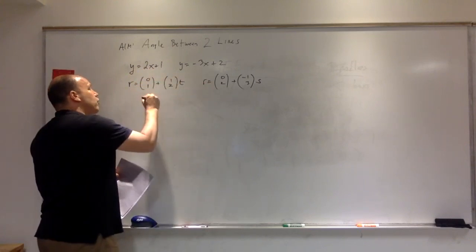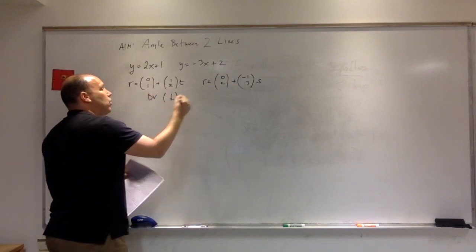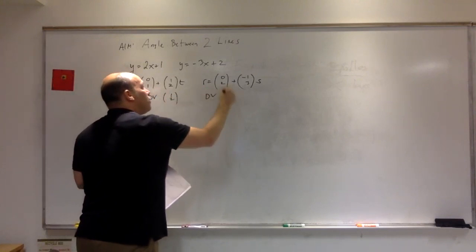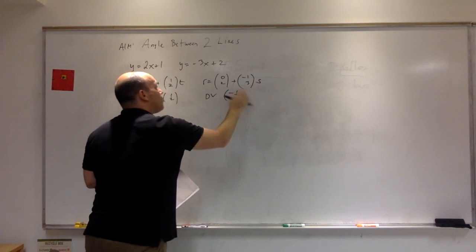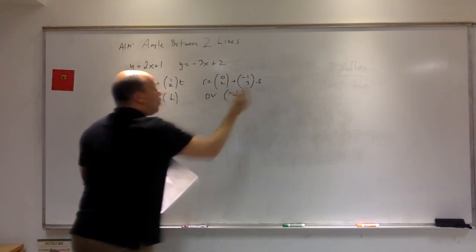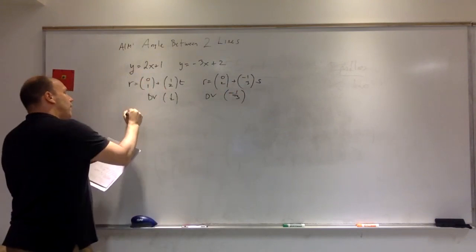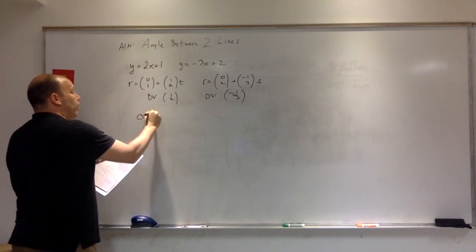So the direction vector of this line is (1, 2), and the direction vector of this line is (-1, 3), not a fraction. To find the angle between them, we use the cosine formula.